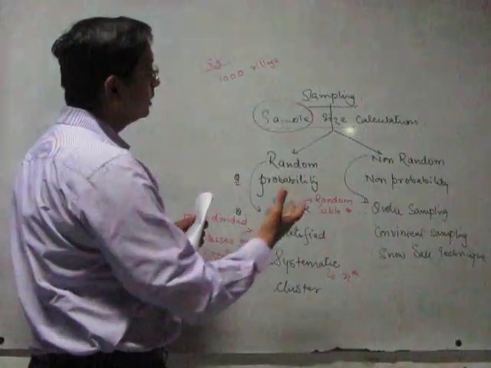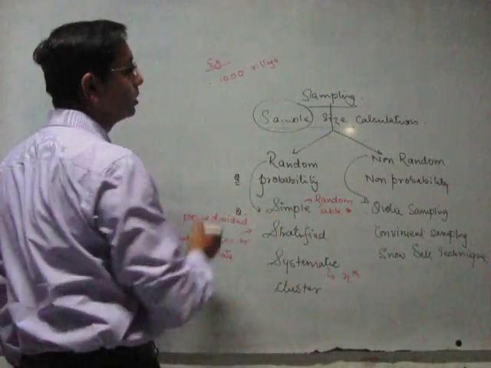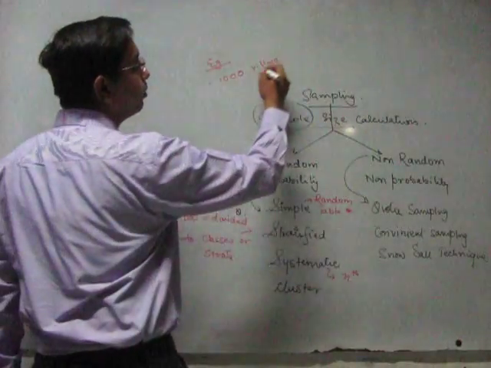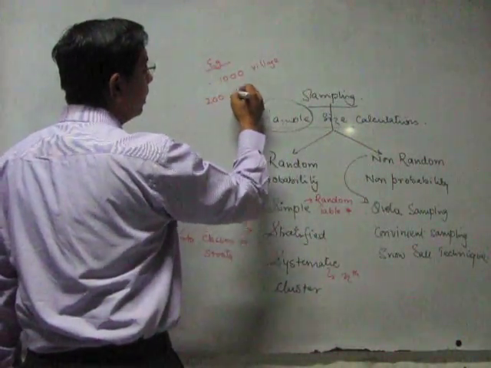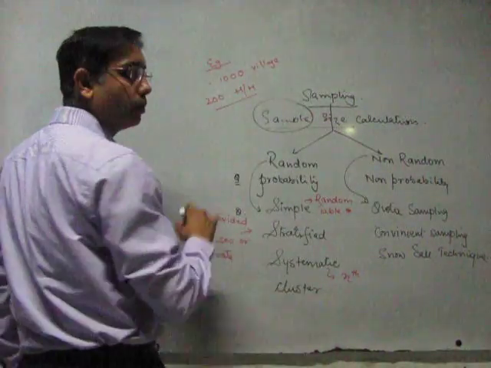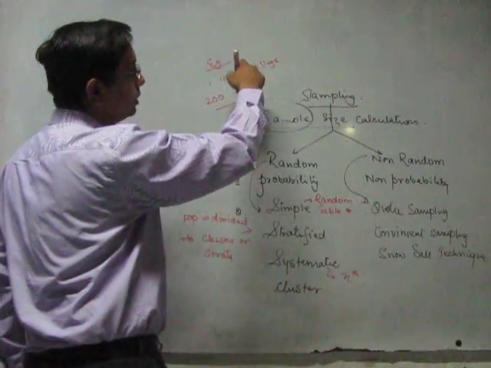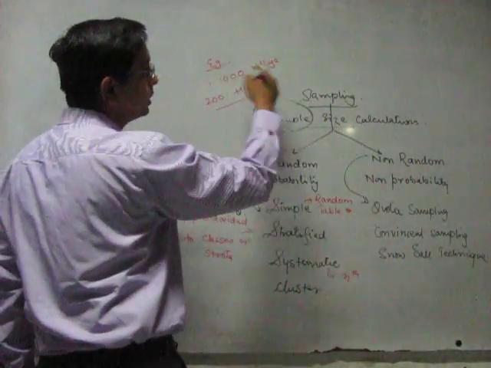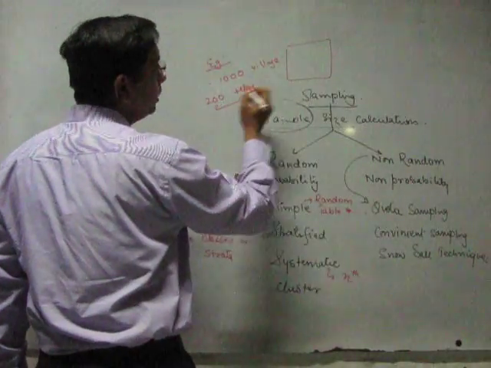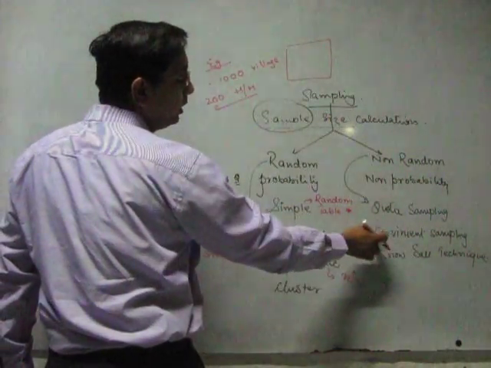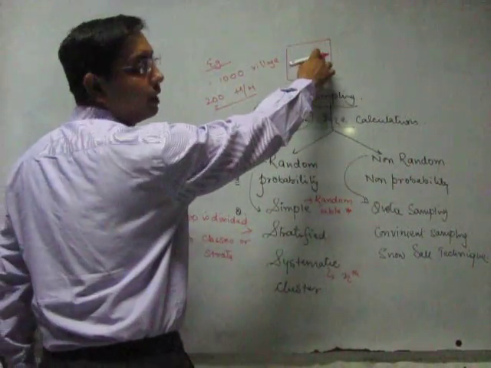And your sample size is, let us say, 1,000. So how many houses would you like to take? To cover 1,000 individuals, we need 200 households, right? If I want to take only 200, I may do a convenient or quota sampling, where I take 200 from here because I live here.